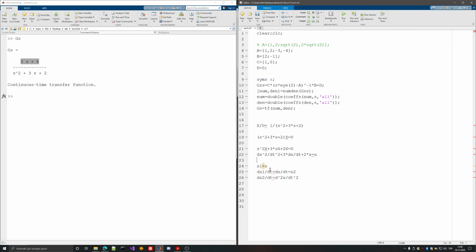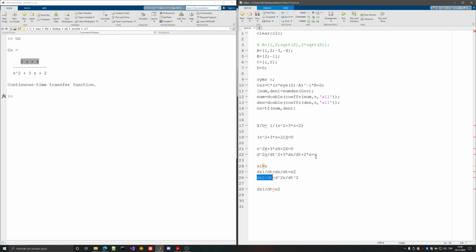First of all, I can see now that dx1/dt, which is important, is equal to x2. And then I can see that here we have d squared x, which I've written wrong. Okay, d squared x/dt squared is basically dx2/dt.